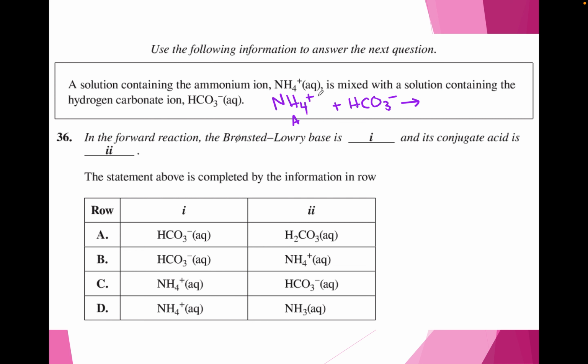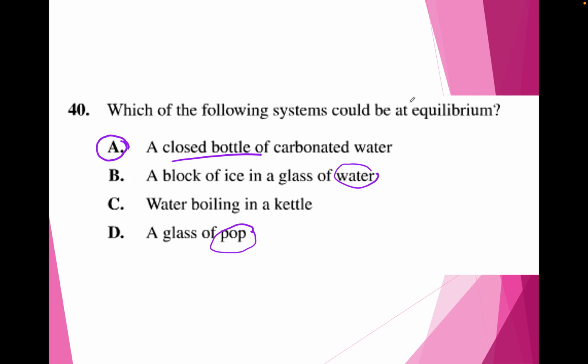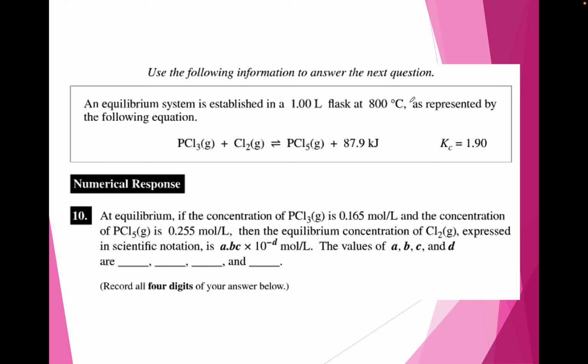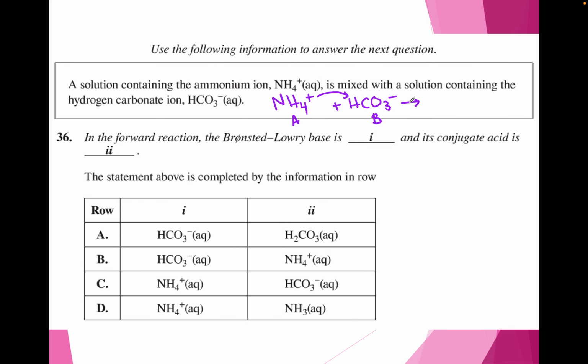So here the acid will donate to the HCO3, but this one has to be acting like a base in this reaction. When the NH4 positive loses a hydrogen, and I should also show that this can go in both directions, you'll get NH3. And then when your HCO3 negative gains a hydrogen, you'll get H2CO3.